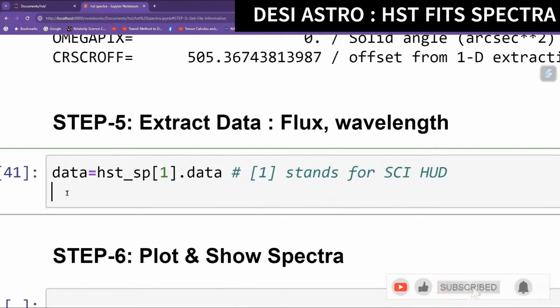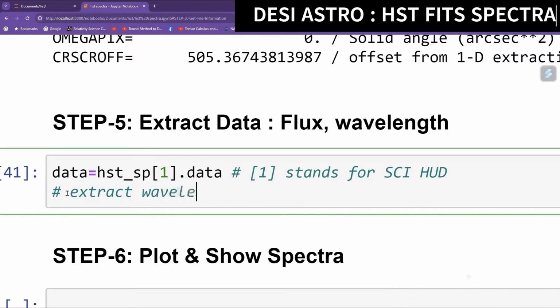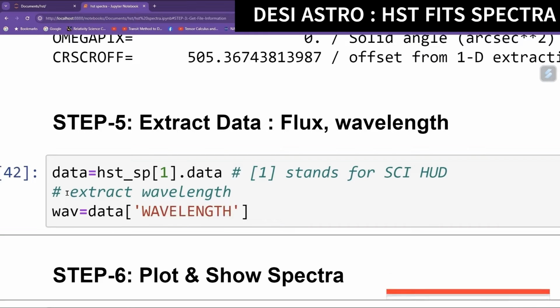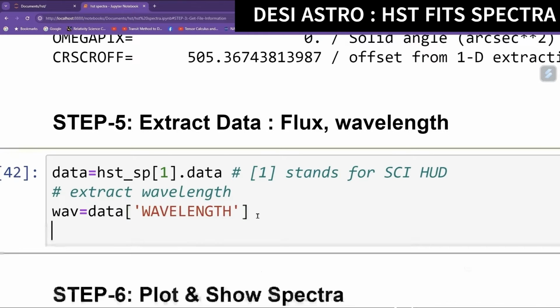So for wavelength, I will type wave, and here I will type data, the square bracket, and in the string I will type wavelength. So it's wavelength. Now you can check it.